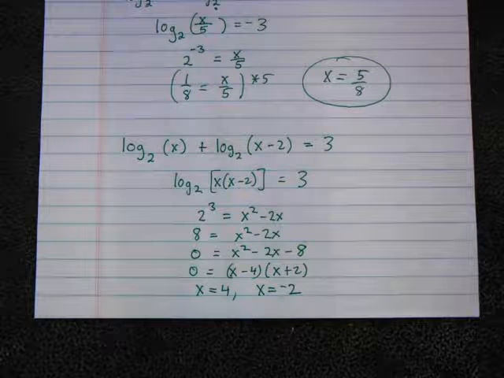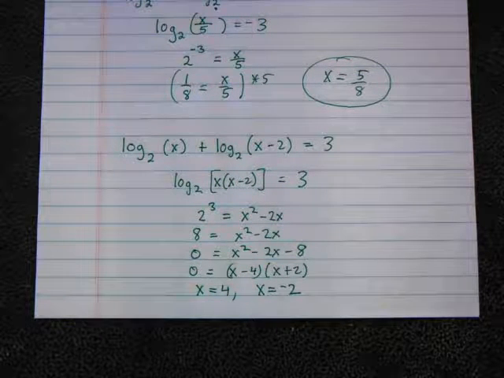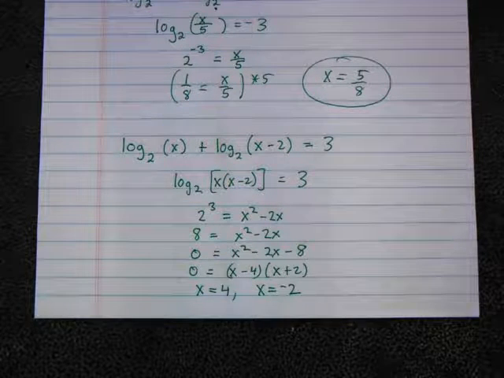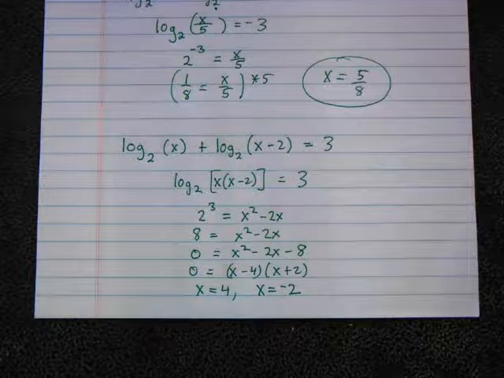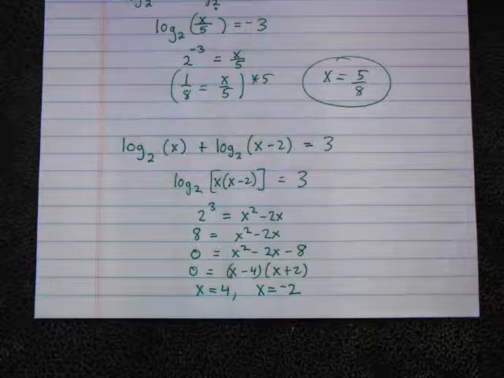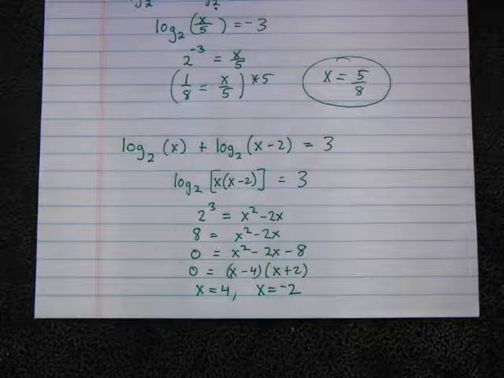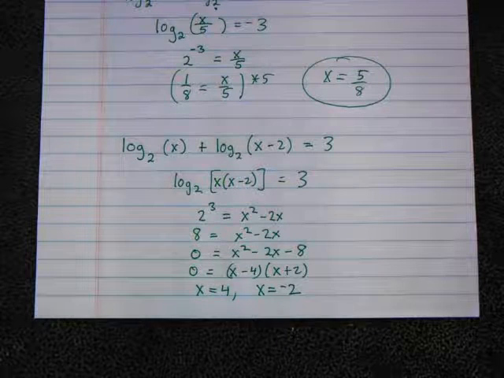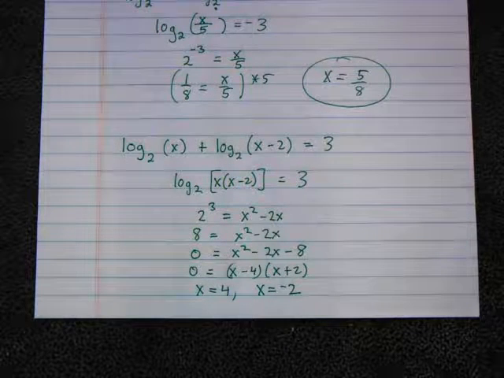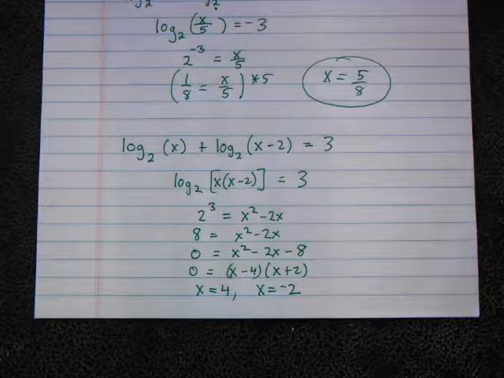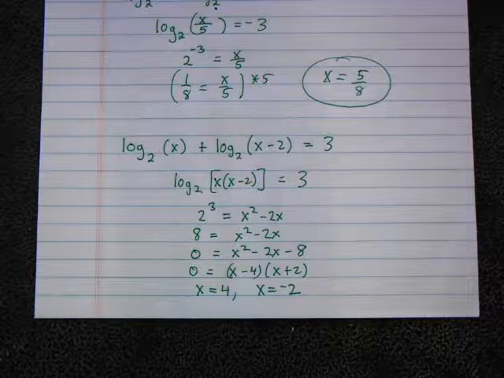One of those two answers is correct, and one of them is wrong, and you say the 4 is the correct one and the -2 is the wrong one? Yeah. What's wrong with -2? It is the -2 that's the problem. What's wrong with -2?